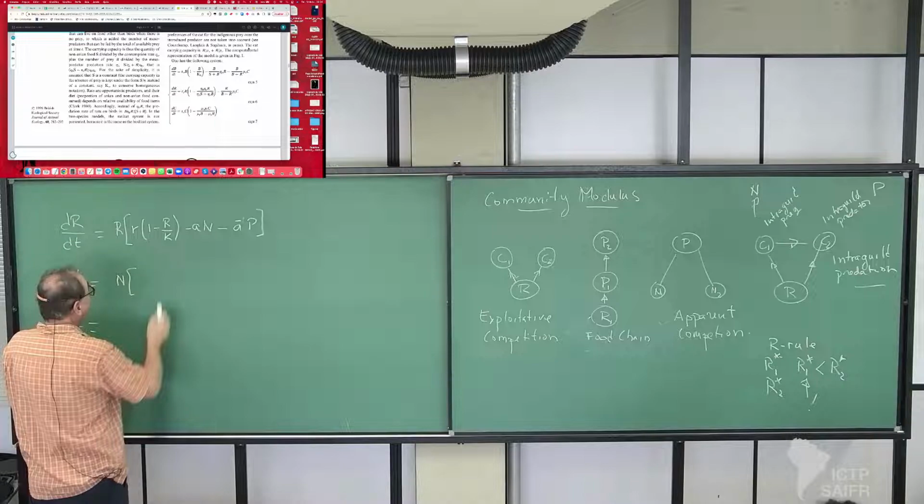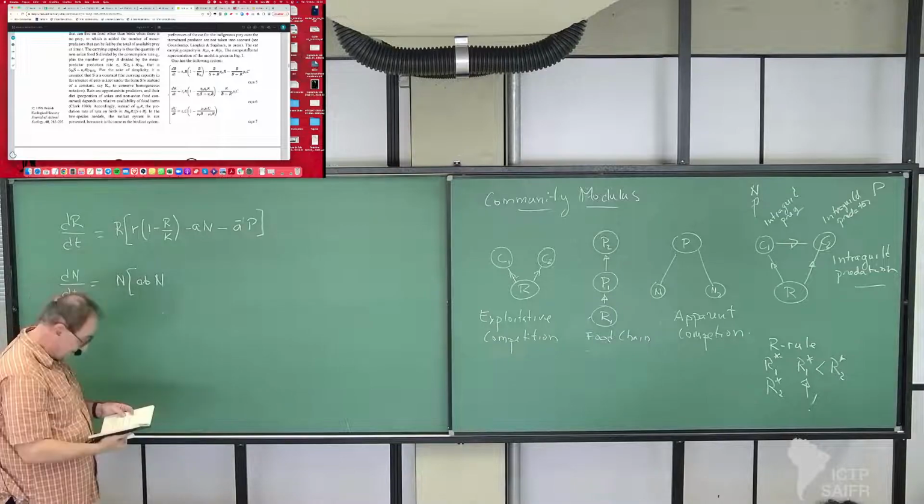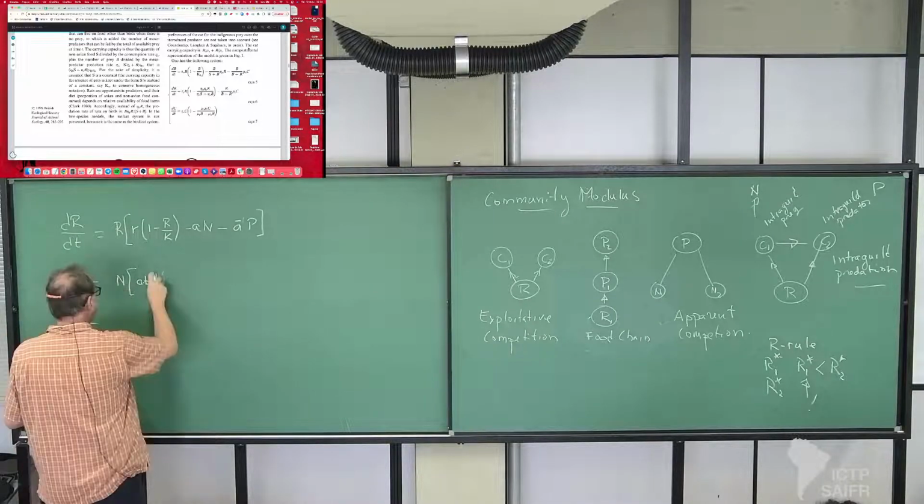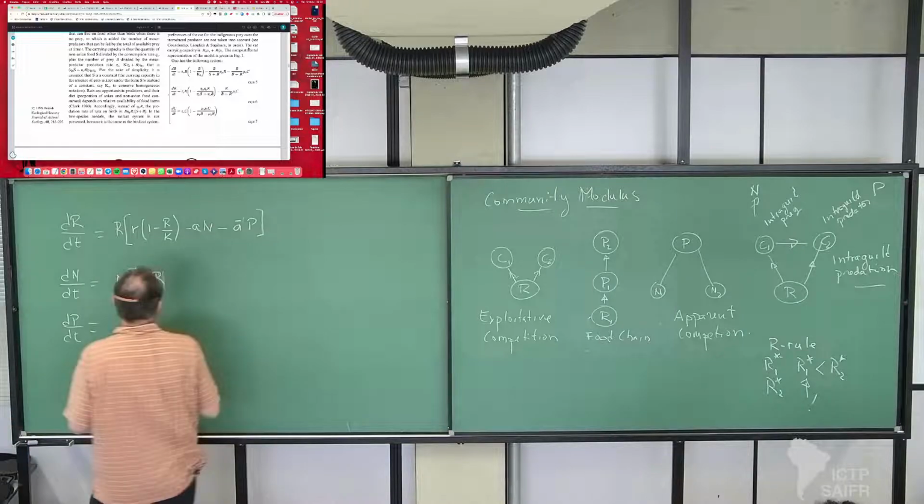Then you have a times N, and there should be some conversion factor, a times b times N times R. That's just the conversion of a certain amount of resource giving rise to an increase in the number of the intraguild prey with some conversion factor, which is b.